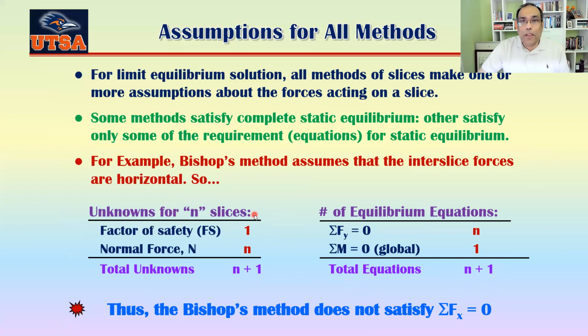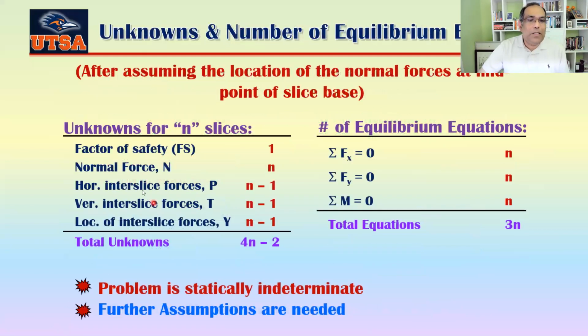Even though he is assuming that the interslice forces are horizontal, he is not summing them up. What does it mean? Basically, there is no interslice force, okay? So you can see here, if you go back, this one is 0, this one is 0, and the location of interslice force is 0. So the only unknowns are your factor of safety and the normal force. Okay, that's n plus 1.